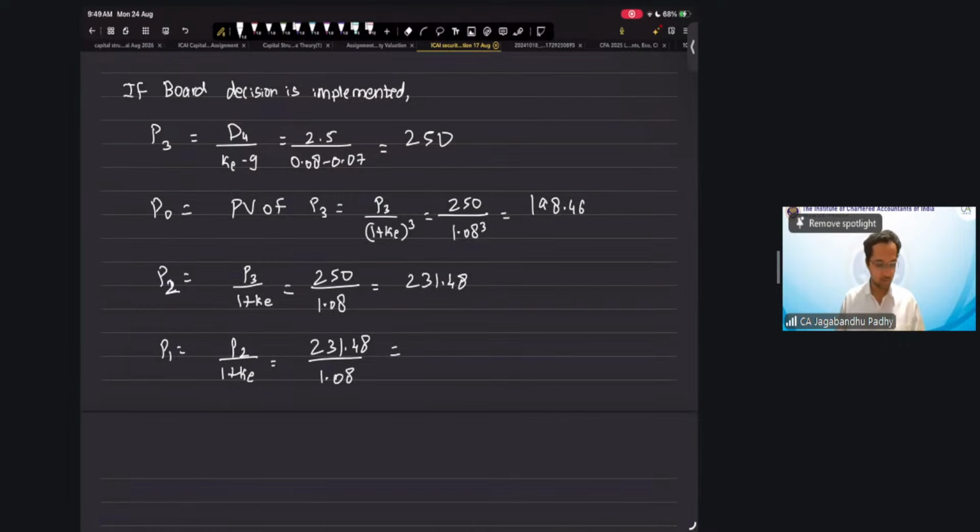How much is it? What is P1? P1 is 214.33.